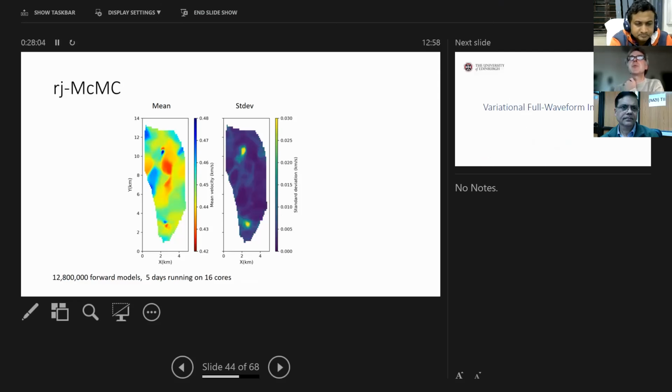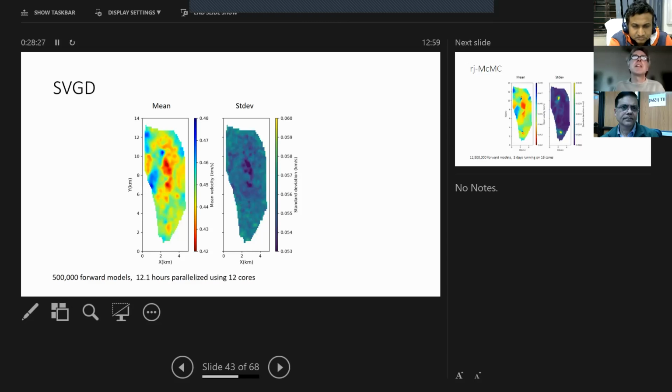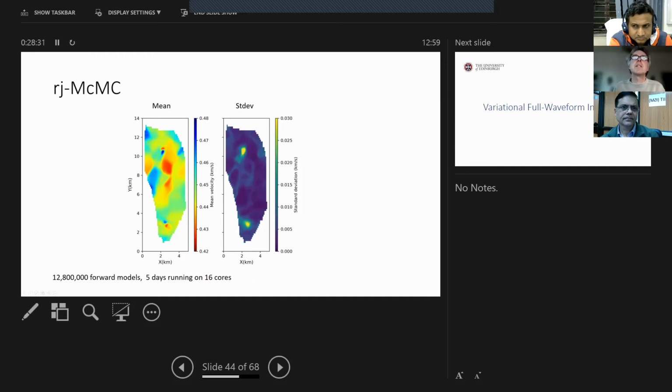Of course, in this case, we know the uncertainties are artificially very low because we've imposed these large areas with constant velocity in the prior. Nevertheless, if we look at the mean, we've still got this structure. It's much lower resolution in this case, again because we're saying that large areas should be constant. But if we compare it to the SVGD, I think that mean structure is, at least at the large scale, again confirmed.